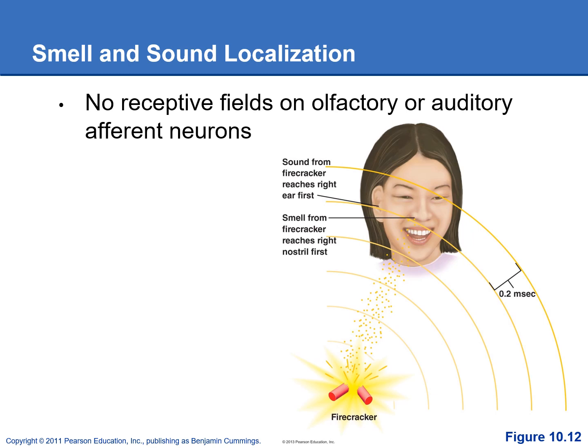Okay, and then just localizing smell and sound, because they don't have any receptive fields, but you do have two ears and two nostrils. So they'll use the timing of when the sound hits one ear versus the other, and when the smell hits one nostril versus the other. And that'll allow you to tell which direction the sound is coming from or which direction the smell is coming from.